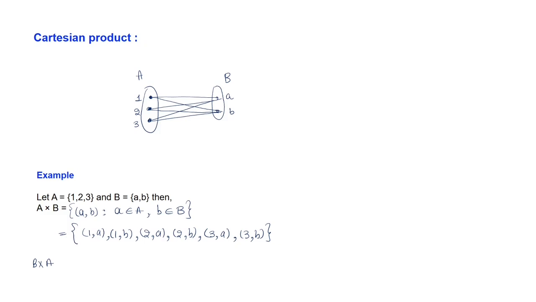Not only A cross B and B cross A, we can also find A cross A and B cross B. So let us understand how we will find B cross B. Now we have two sets and they are both B, containing the same elements a and b.